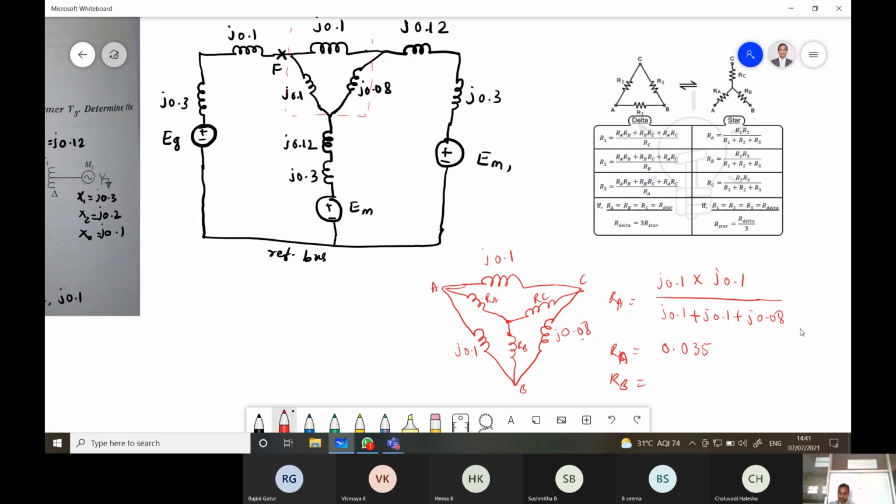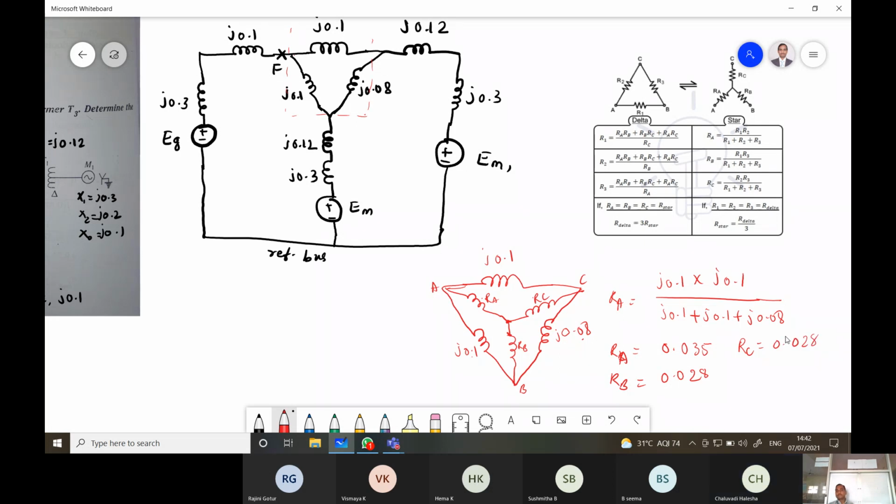How much it is? 0.02857, sir. RC, same, 0.02857.